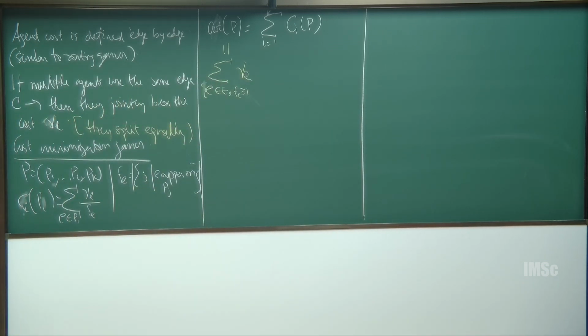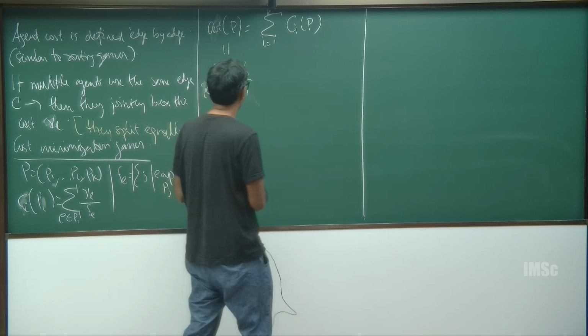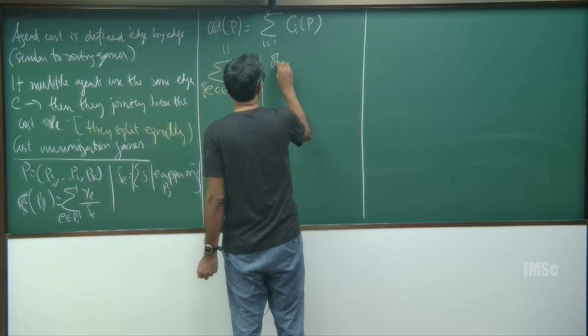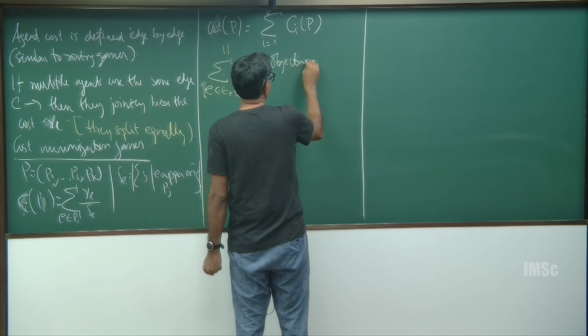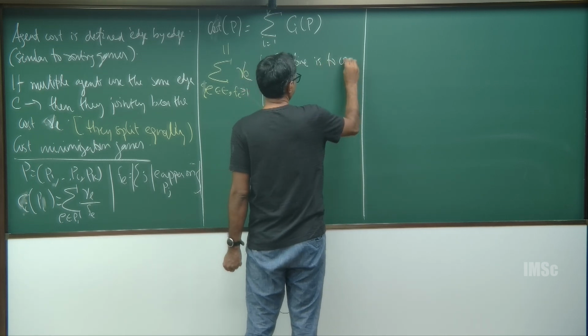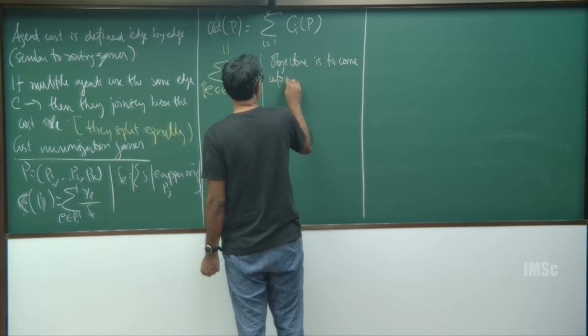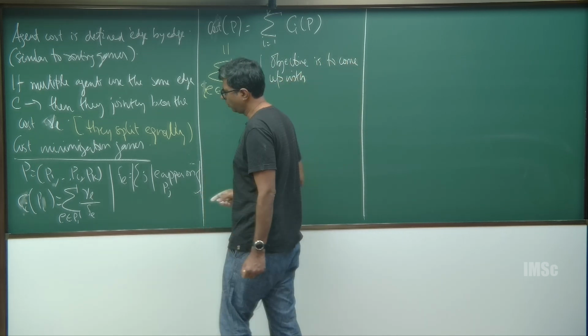So our objective is to come up with a strategy. They also say this is the same. So what is our objective? Our objective is to come up with strategies. What is this P called?